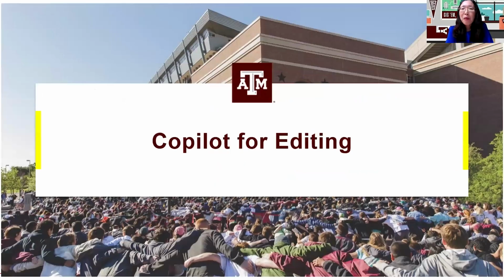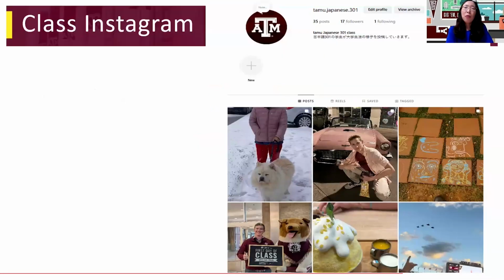The third example was using Copilot for editing. For some writing assignments, I asked my students to ask the AI to edit their writings. And I reminded my students that AI could be wrong, so for the final draft, they needed to use their judgment. For example, this was one of the writing assignments, and my students took turns to post on Instagram.